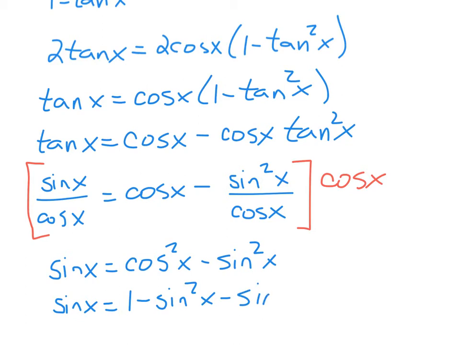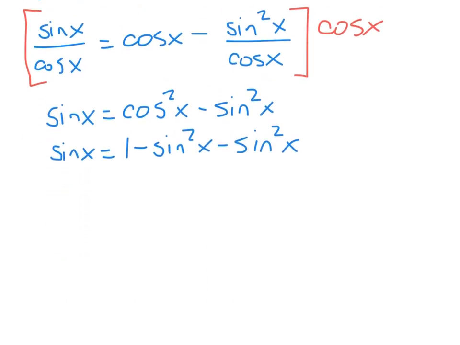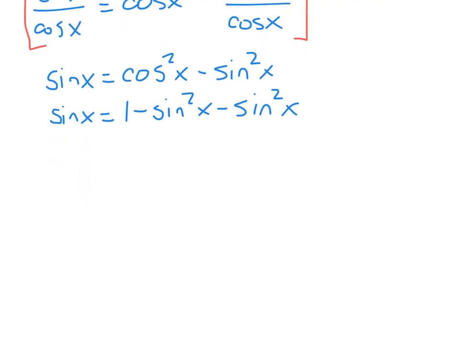Now we have this whole equation in terms of sine, which is very nice. And especially with these squared terms, I'm going to think this is probably going to be something that we can factor. So I'm going to get everything to the left-hand side.